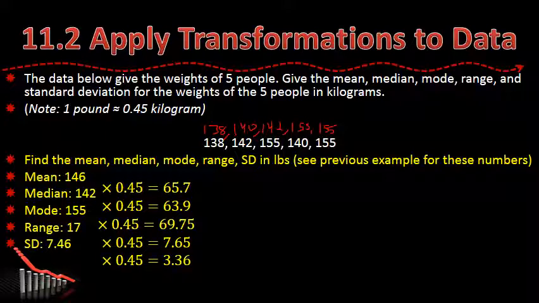So you get all of those by multiplying by the 0.45, which is what you convert by changing the pounds to kilograms. The other way is you could take your 5 data values, the 138, the 140, the 142, 155, and multiply those by 0.45 to get the original weights in kilograms, and then find the mean, median, mode, range, and standard deviation. That would just take longer.